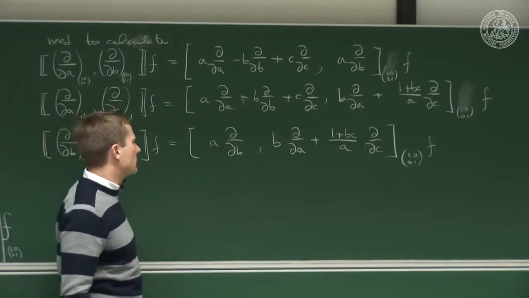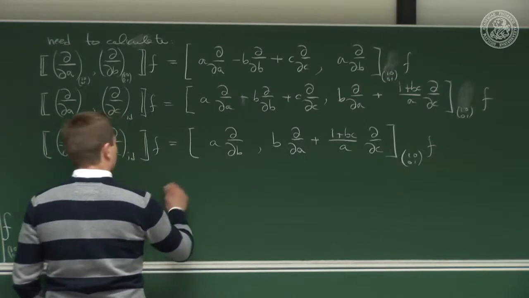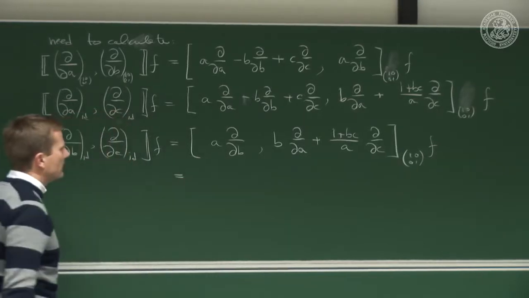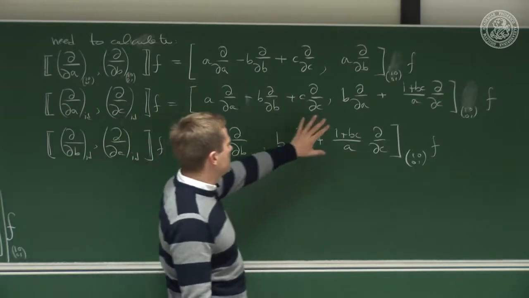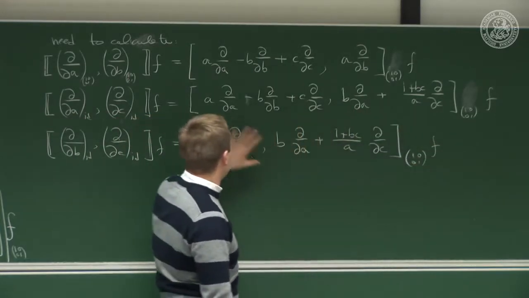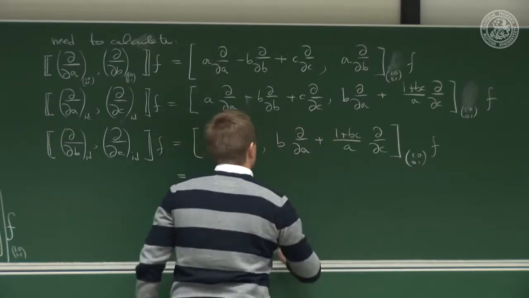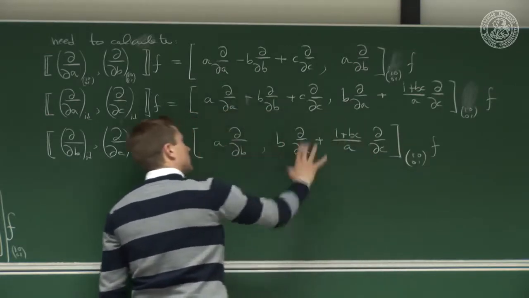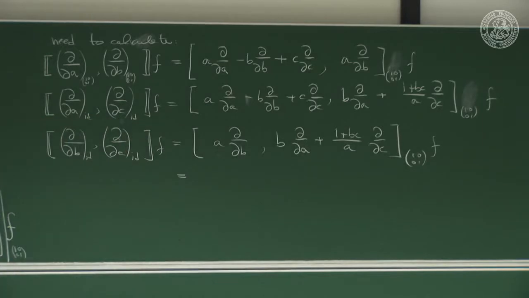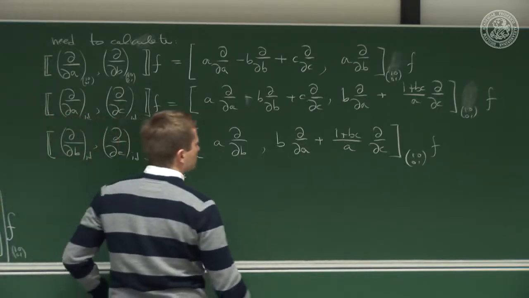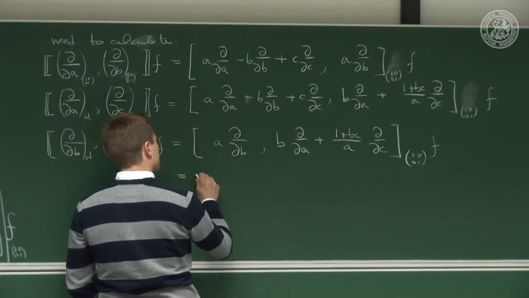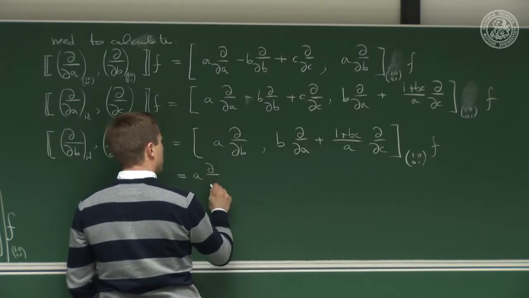Let's evaluate this bracket. So this bracket, of course, is evaluated as follows. I let this field act on f, and then I let this vector field act on the result, minus the other way around. First this acts on f, and then this vector field acts on the result. So let's write this down once in full to not get confused.